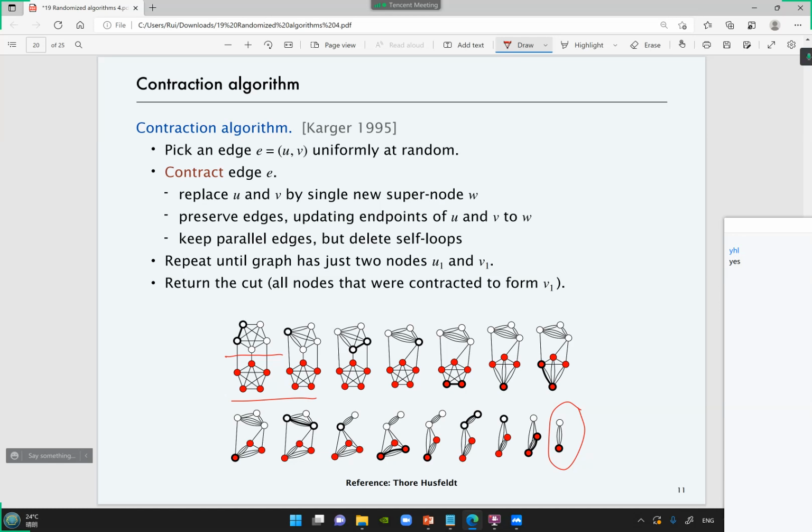But if your algorithm happened to pick one of these min-cut edges, let's say like this one, and it contracted that edge, then after you finish the algorithm, you would have lost your min-cut, and your output would not be equal to your min-cut. So therefore, you see that there's some probability that this algorithm works correctly. It's not always going to work correctly. So now let's analyze the probability that this algorithm works correctly.